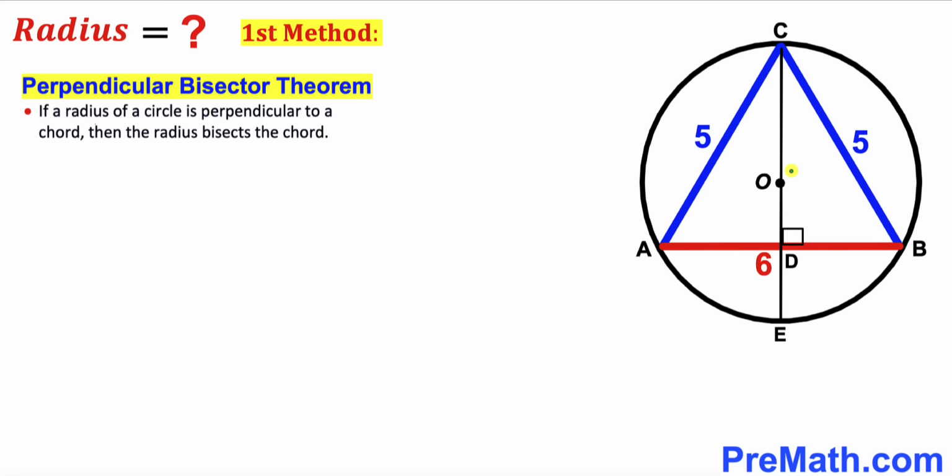So this perpendicular is going to bisect the chord AB into two equal parts, segment AD and segment BD, and we know the whole AB length is 6. So AD is half of 6, which is 3, and likewise BD length is 3 as well.